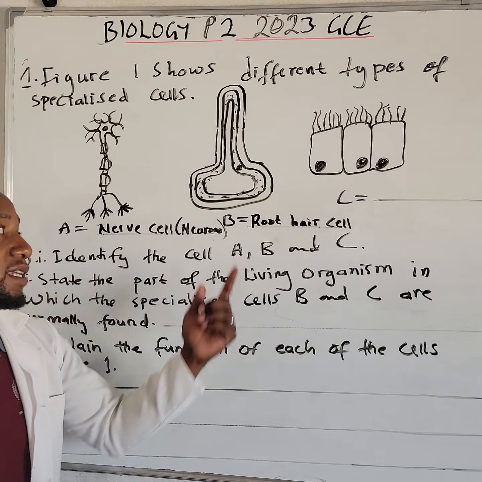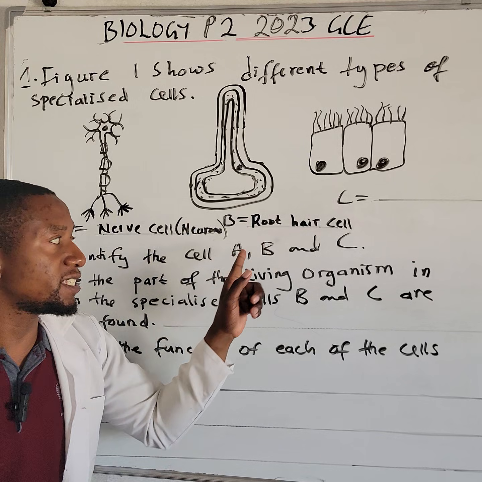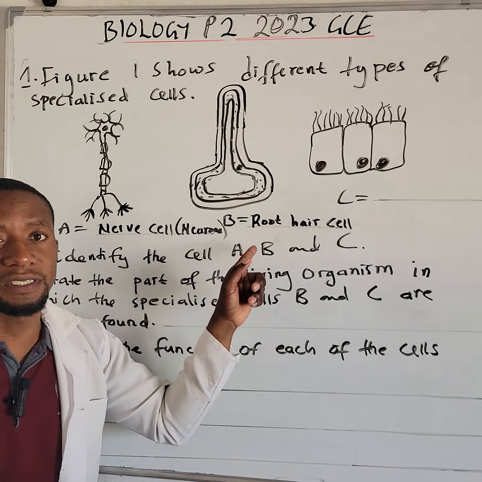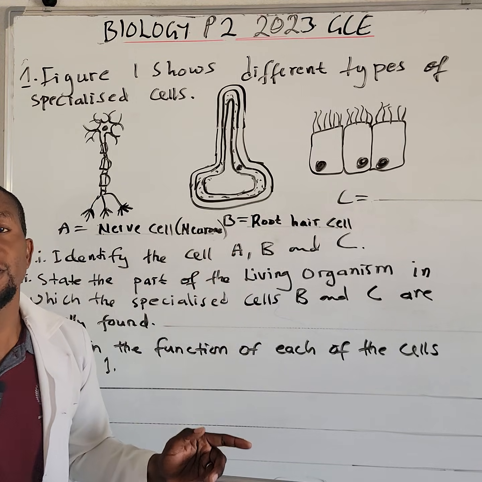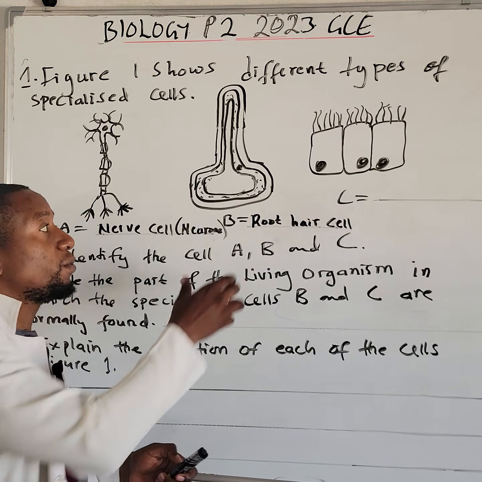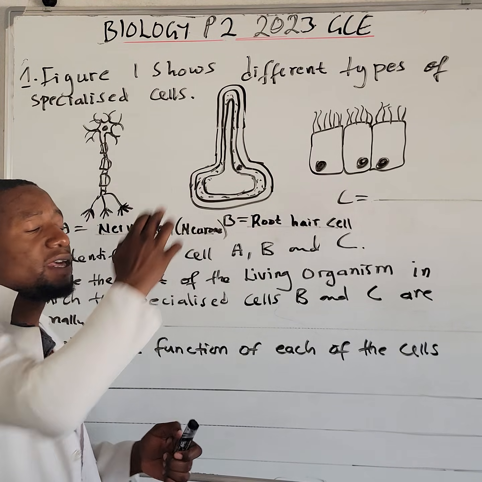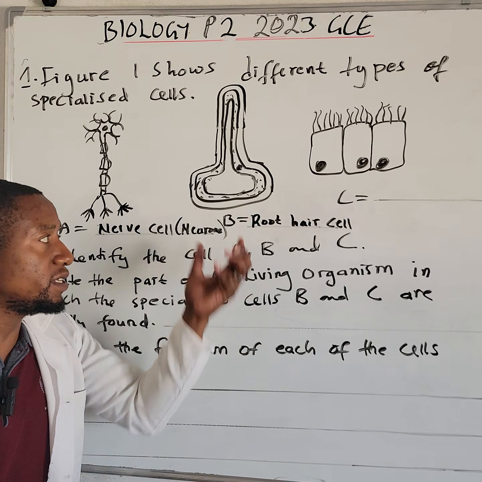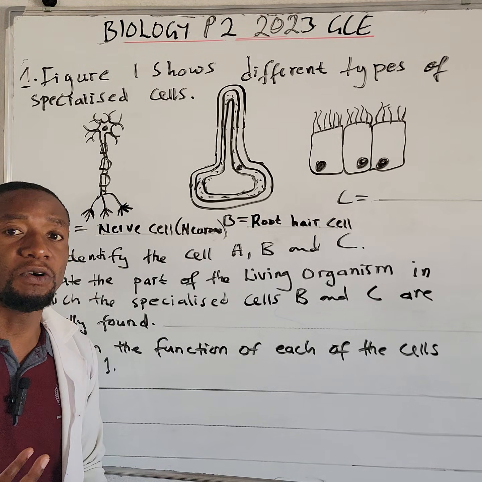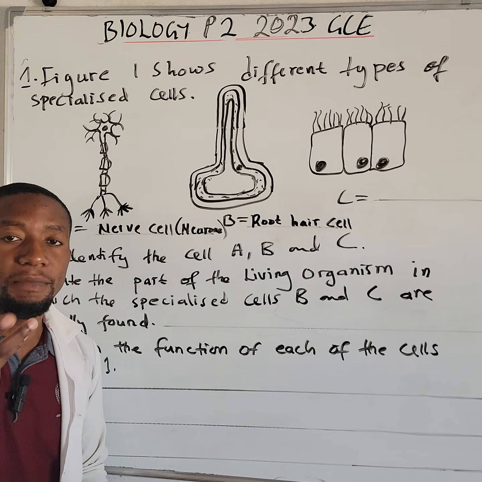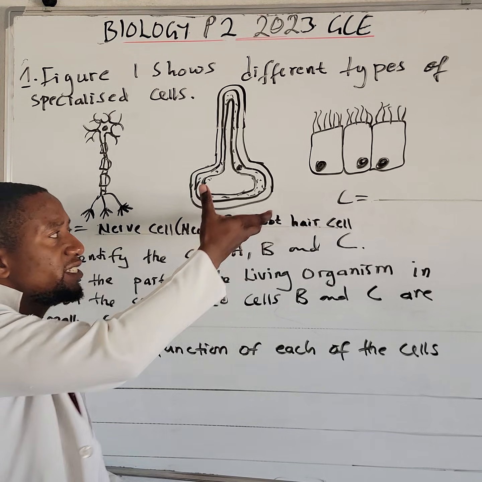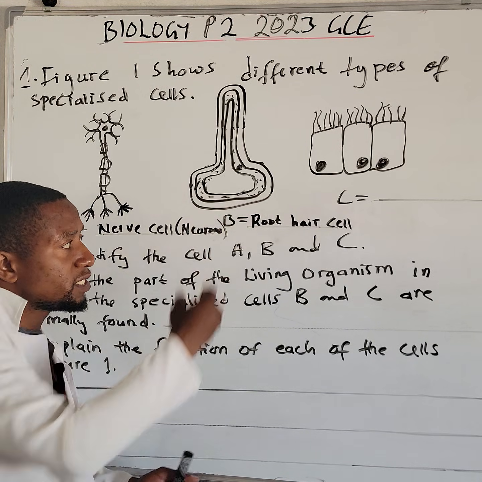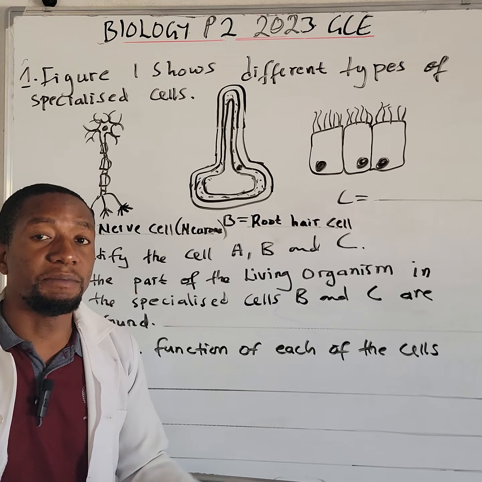One thing you need to understand here is that the root hair cell is found on the roots, and its specific function is absorption. The root hair cell has a very thin cell wall, which enables absorption to take place. So this is the cell responsible for absorption of water and the mineral salts from the soil, since it's found where roots are. This is a cell that is specialized in absorption.